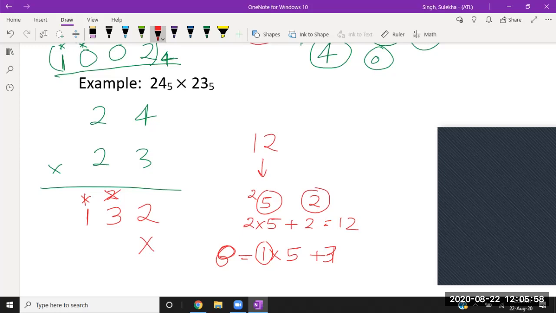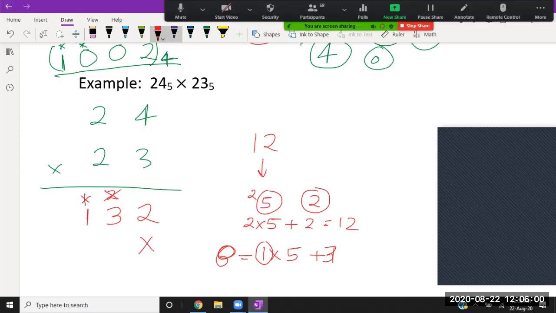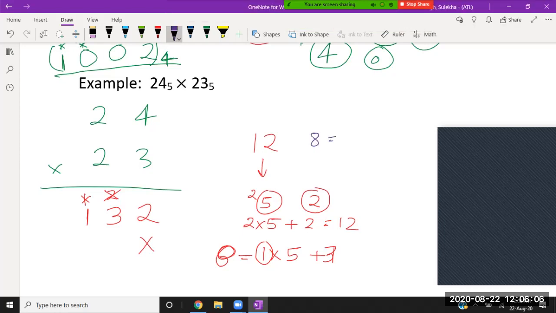After shifting, I need to multiply this 2 with 4, and 2 with 4 is 8. If I write this 8 in combination of 5, I can write a pair of 5 a single time plus 3. So this 3 I will write here, and since I am making one pair of 5, 1 is my carry for the next step.